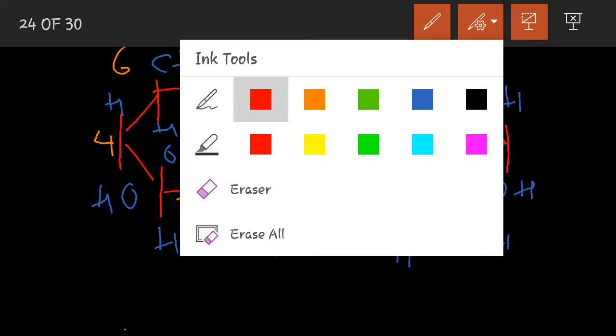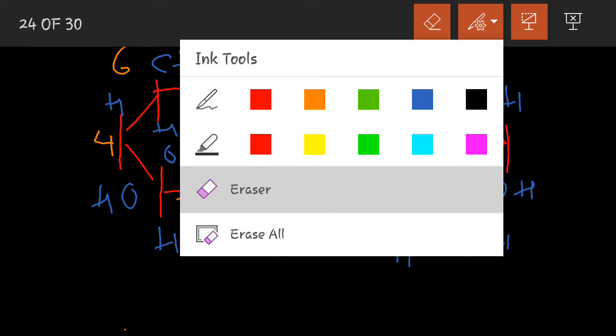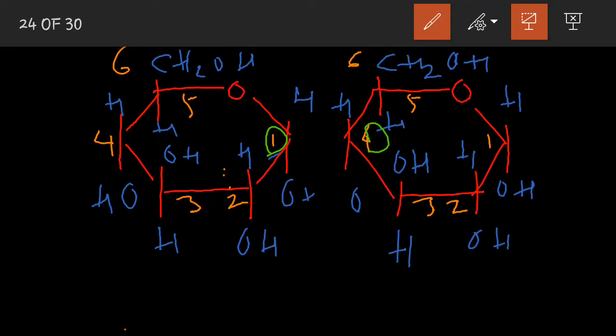Here OH are there, no? So here OH and here also OH. Now there will be loss of a water molecule. H2O is lost. What is left? Only oxygen is left, no?